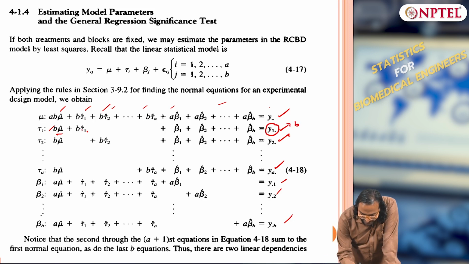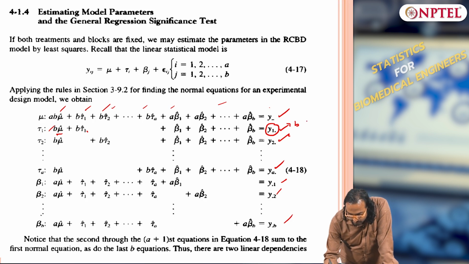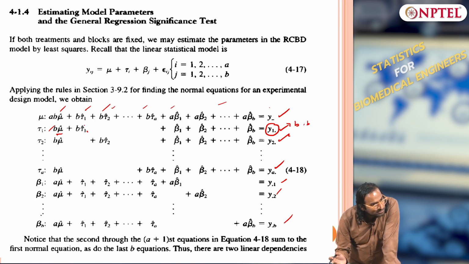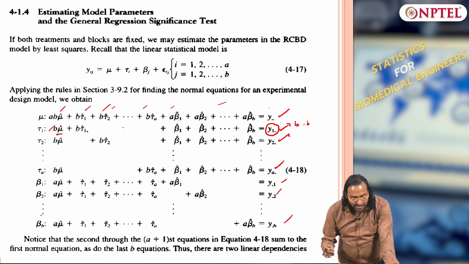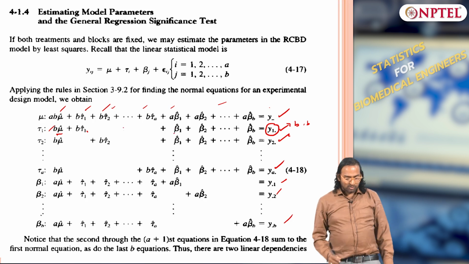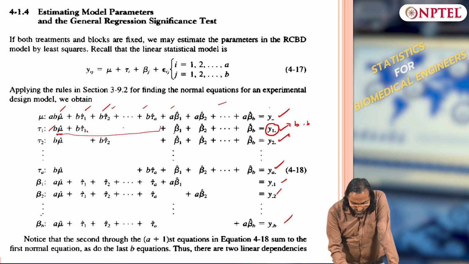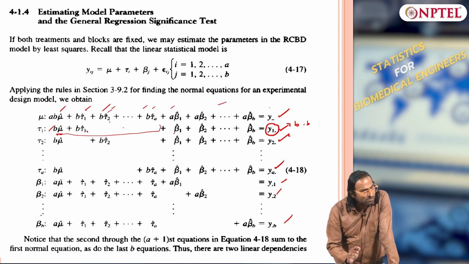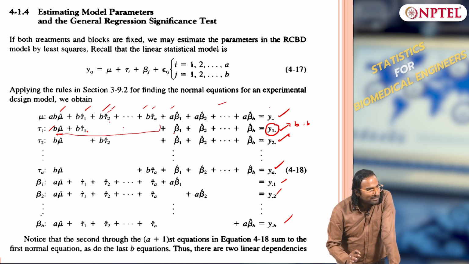And how many times will tau 1 appear? B times. Will tau 2 appear in y1 dot? No, tau 2 is the second treatment, it will not appear in y1 dot, zeros. And how about blocks? So this part is clear. All these other treatment coefficients will be multiplied by zeros.